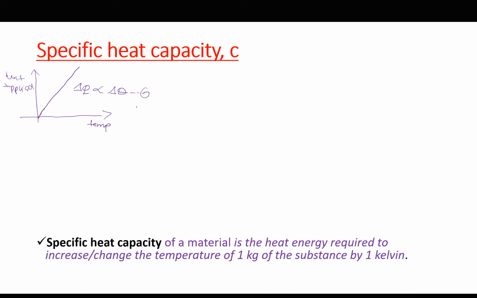But then, suppose we want to cause the same temperature change. That means we must change the mass and change the amount of heat. Therefore, the heat required to produce a particular temperature rise must be proportional to the mass of the substance being heated.